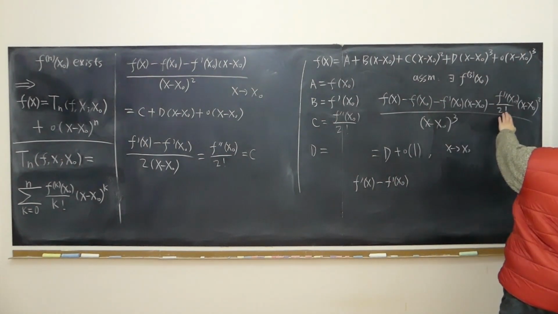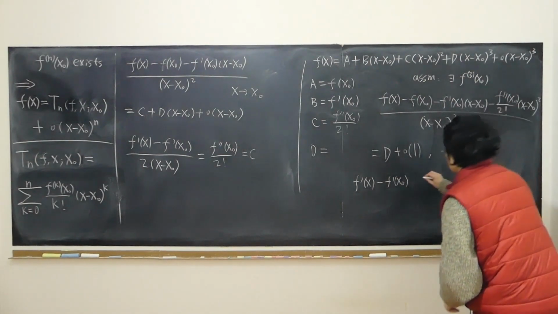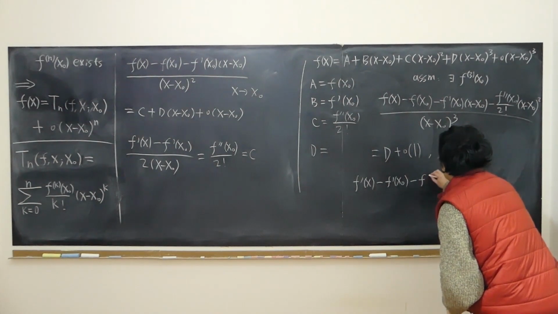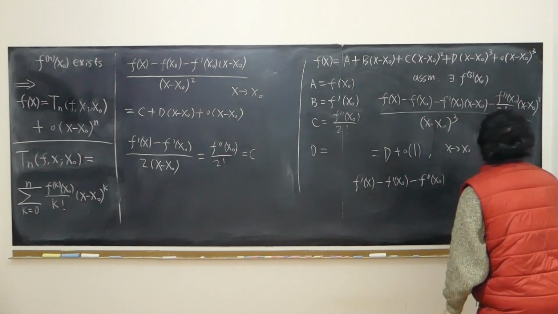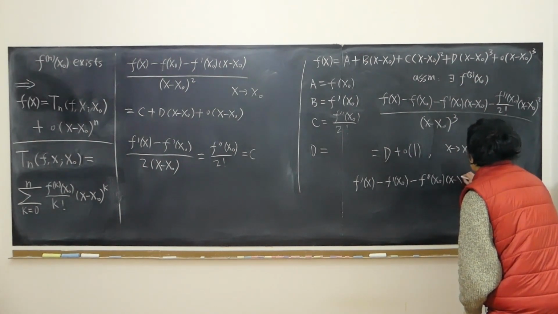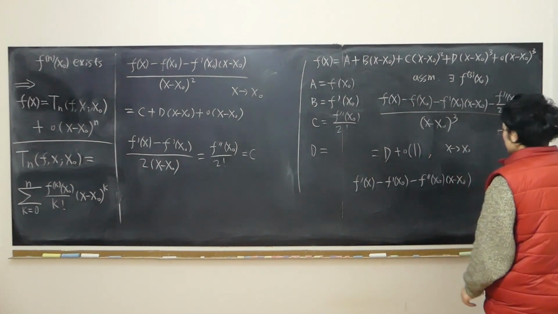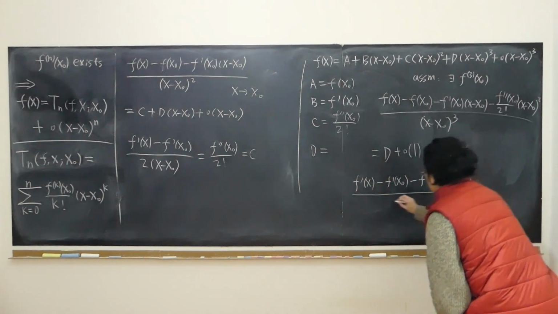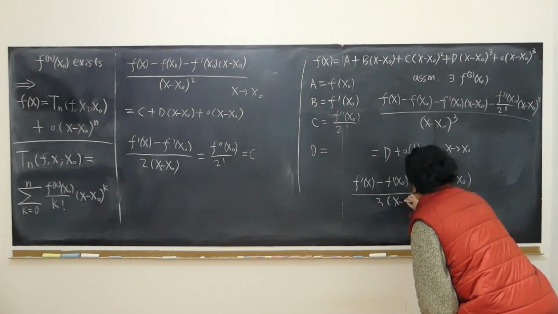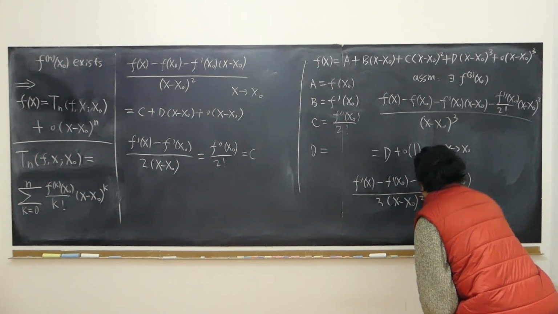And this is also a constant term times the chain rule, 2 times that, the 2 and 2 cancel out, we have minus f double dash of x naught times x minus x naught. And differentiate the bottom, 3 times x minus x naught to the power of 2.